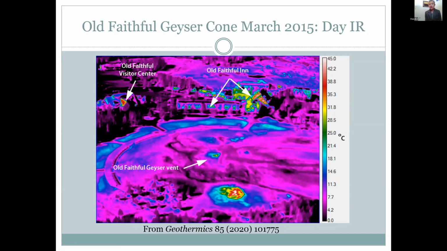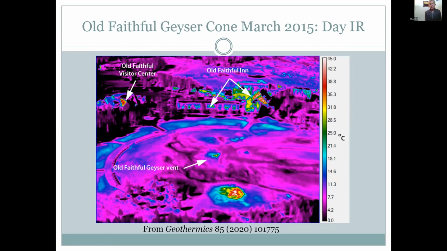And on this daytime thermal IR, you'll see the Old Faithful Geyser vent, and you'll also see another area on the bottom of the image that has warm colors related to heat coming from the ground. And it even looks like it has more heat than the Old Faithful Geyser vent at the time that this image was taken.